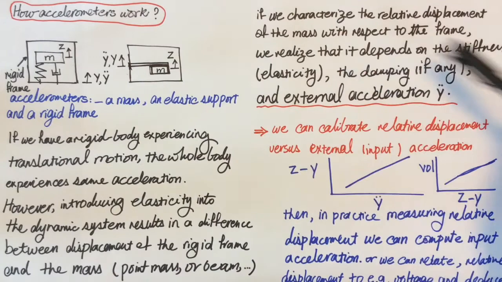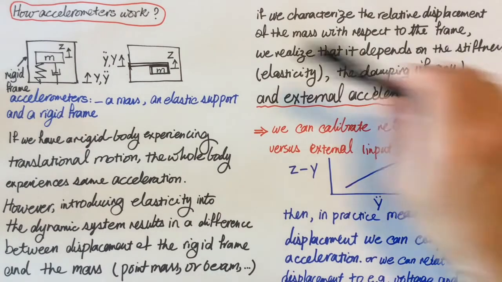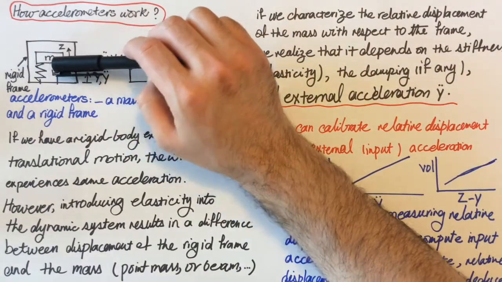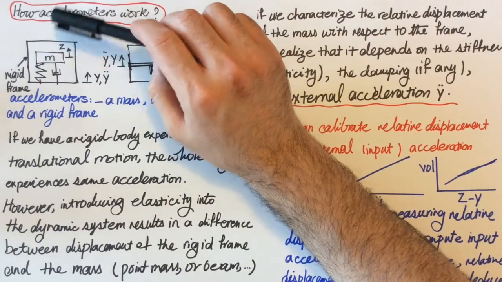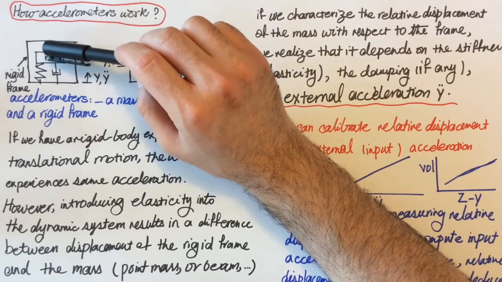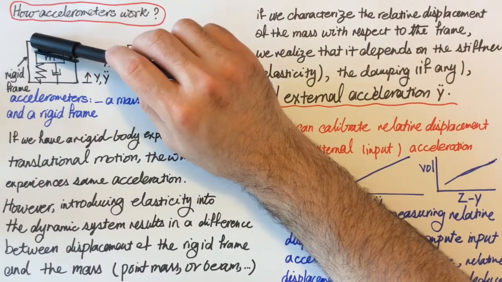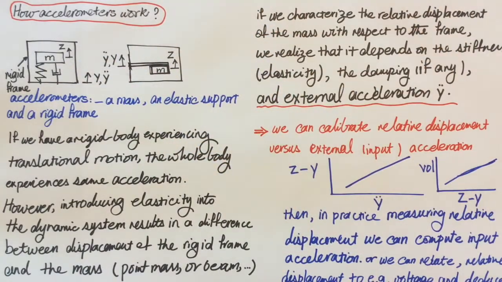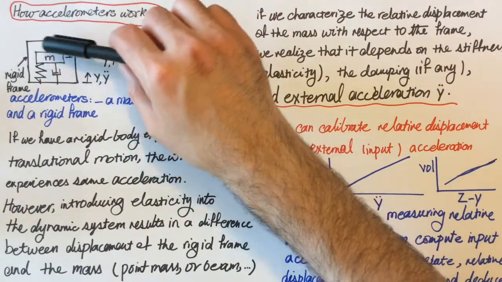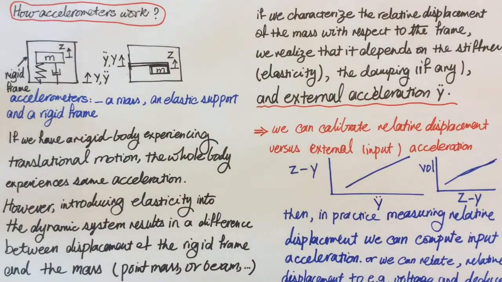If everything was rigid, so let's say I had this rigid frame and this mass, and I connect this mass to my rigid frame using a rigid link, then you can easily see that if this frame moves, the mass would move with the same displacement and acceleration.